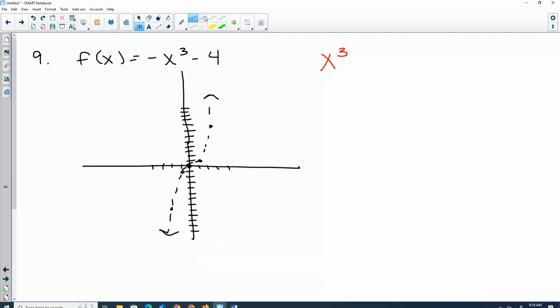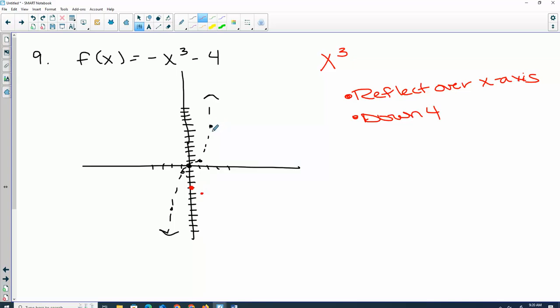Now, let's go through. What are my transformations? What will that negative do? And what does the -4 do? So if I take 0, 0, it's on the x-axis, so when I reflect, it doesn't go anywhere. And then down 4. Okay, when I take 1, 1, when I reflect, it goes to 1, -1, down 4.